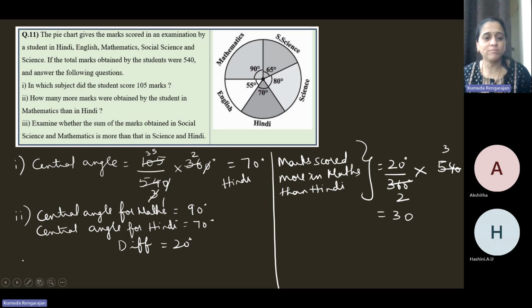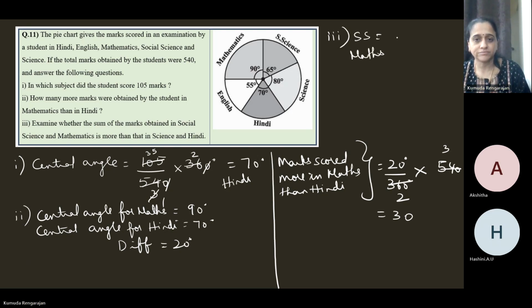Examine whether the sum of the marks obtained in social science and maths is more than in science and Hindi. Social science and maths, what's the central angle? Social science 65 and maths is 90. So what's the total? 155.